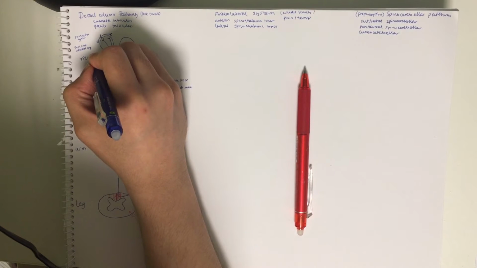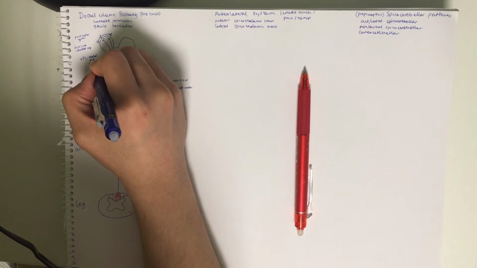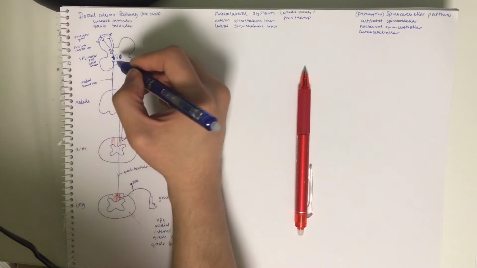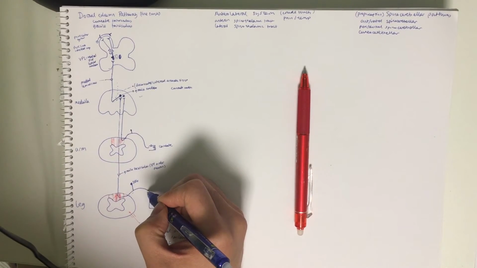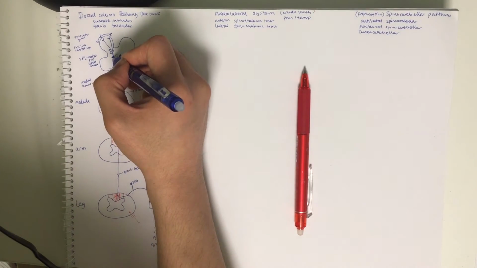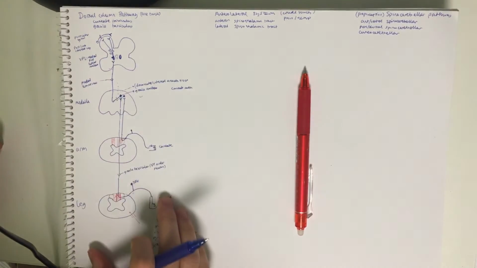VPL was ventral posterior lateral nucleus, which is in the thalamus. So where does it synapse? The first synapse is the medulla. The second synapse is the thalamus. Okay, so this is the first pathway that we've covered.